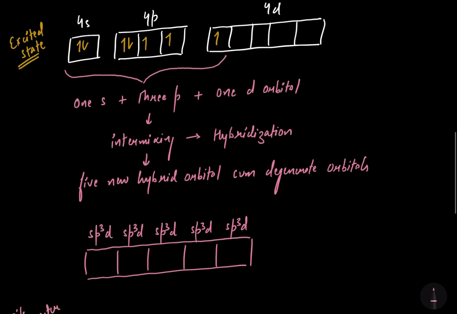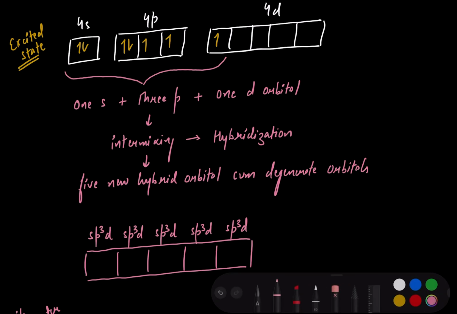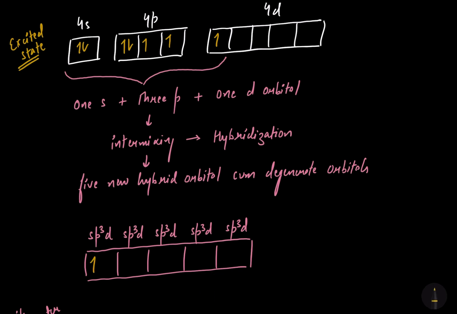In total we have 2 electrons in 4s, 4 electrons in 4p and 1 electron in 4d, so in total 7 electrons. Now let's fill those 7 electrons in the sp3d hybrid orbitals according to Hund's rule. That's the first electron, second, third, fourth, fifth, sixth and the 7th. So we got the 7 electrons in the 5 sp3d hybrid orbitals.